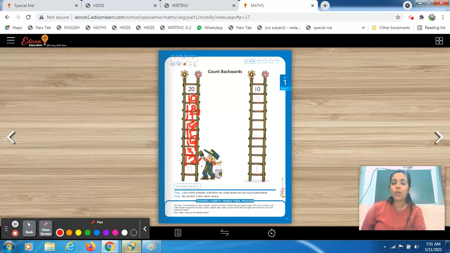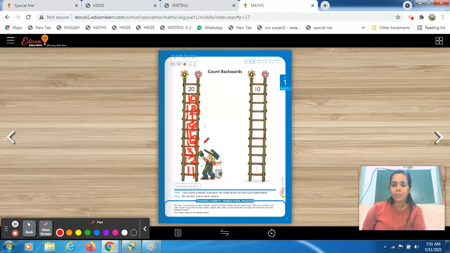Very nice. Wonderful job. Okay, the next one, tell me who will give me the answer. Raise your hands. Jasleen will give me the answer. Okay, Jasleen, tell me what comes before 12? Ma'am, 11. Very good.